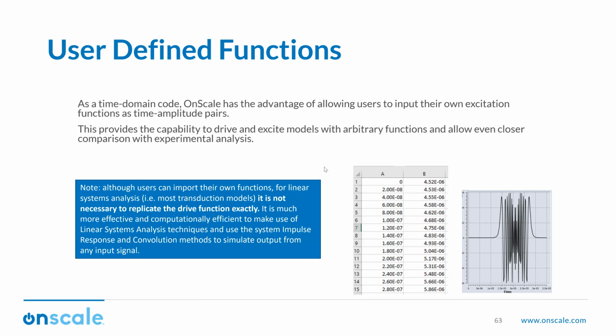So they want to input this into the software to look at the response, which is doable. But there is a more effective and more computationally efficient way to analyze this kind of system. Because it's basically a linear system, it's much more useful to analyze the response to an impulse and then use the convolution method to simulate the output from any input signal.